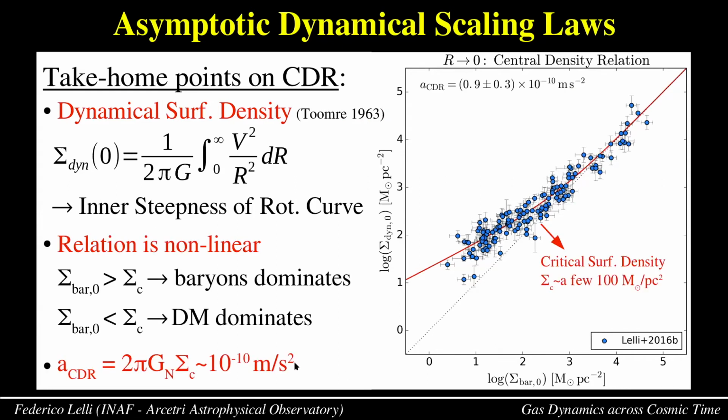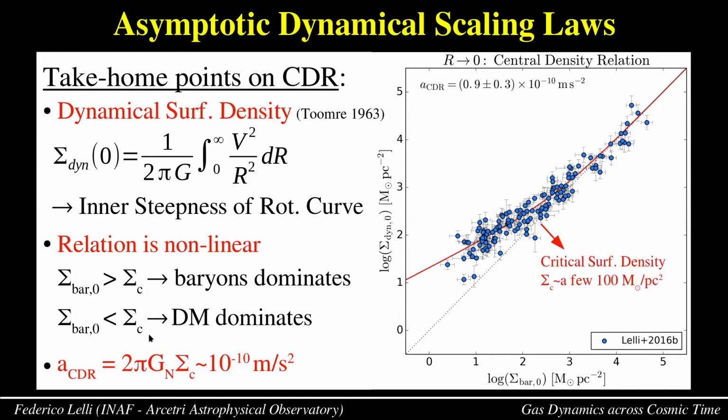This relation is not linear. There is a critical surface density of the order of a few hundred solar masses per parsec squared. Above this value, we recover the one-to-one line. So these are regions that are baryon dominated, typically for high surface brightness galaxies. And when we go below this value, galaxies start to become dark matter dominated all the way down to the central parts.